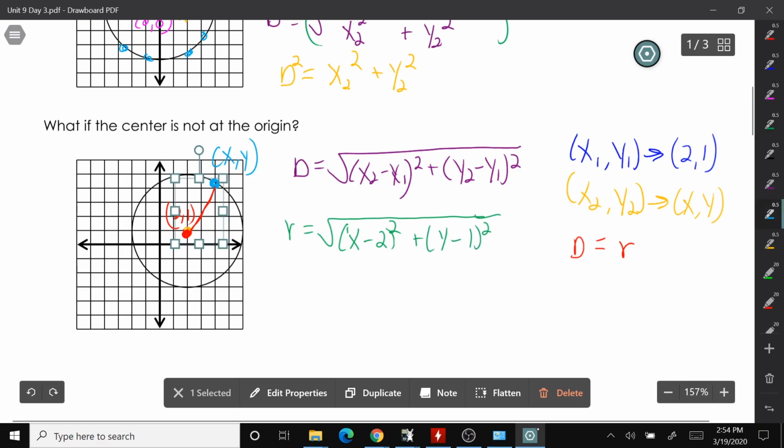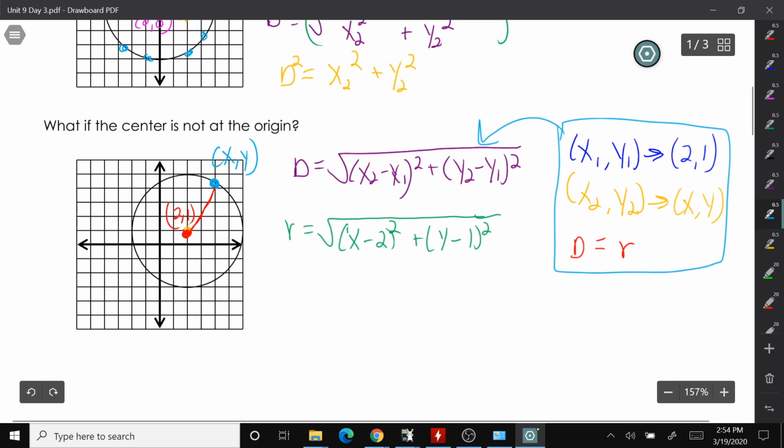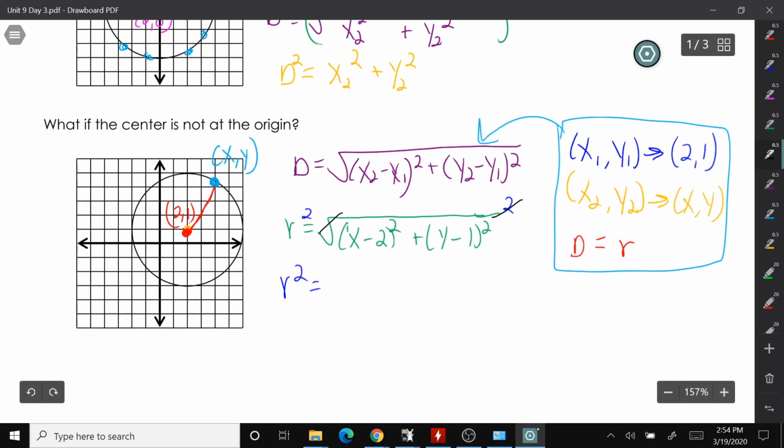I'm just plugging in the values from over here into the distance formula. Then if we square both sides, we get r squared equals, these cancel, x minus 2 squared plus y minus 1 squared.